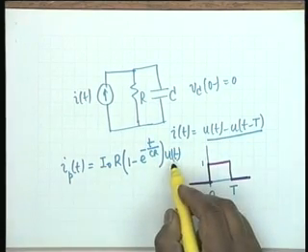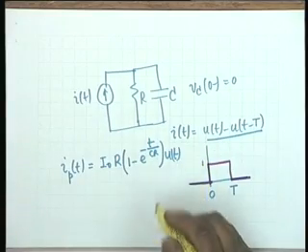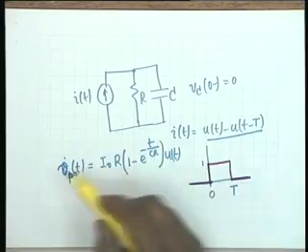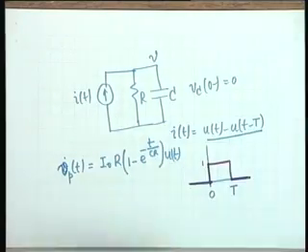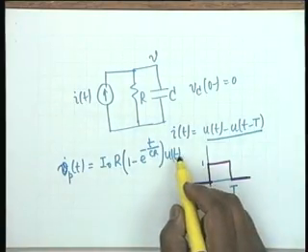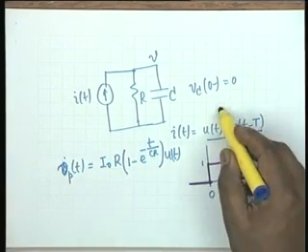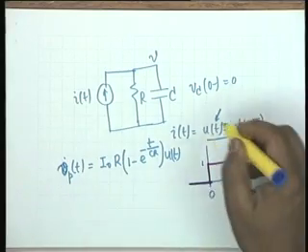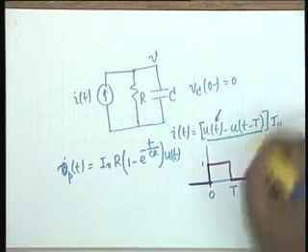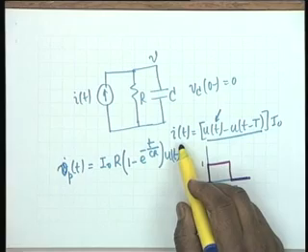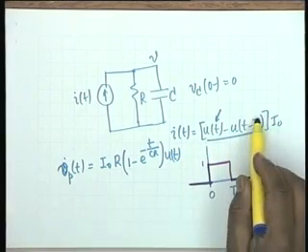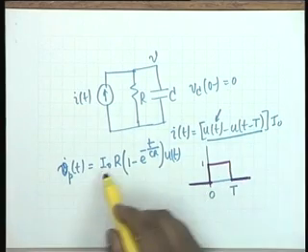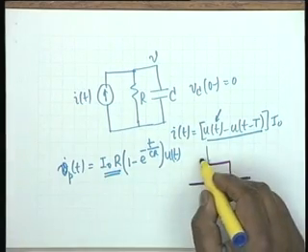This is the response to u(t). This is the voltage response Vp(t), the response to the first term. This is multiplied by I0, since the current is a unit pulse multiplied by I0. Yes, the amplitude would be I0.